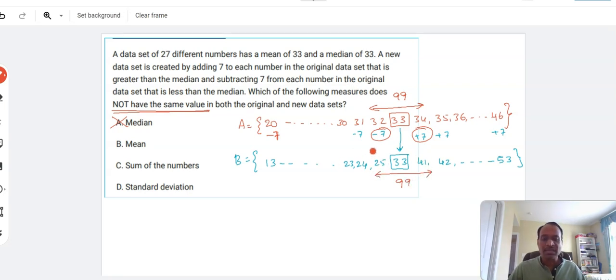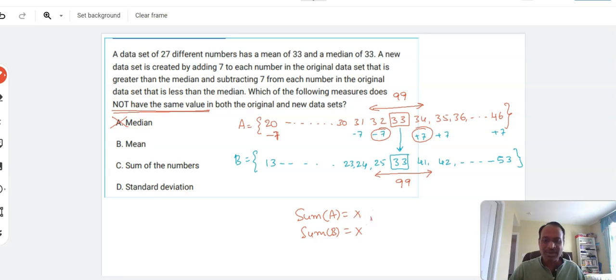That means even though we increase 7 and decrease 7, since we did it simultaneously on both sides, the end result is the same. If the sum of set A is equal to some value x, the sum for set B will also be the same. And each one has totally 27 numbers.